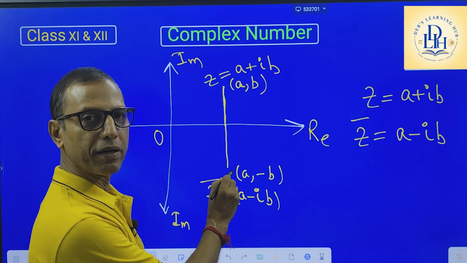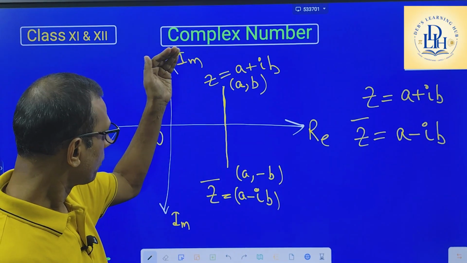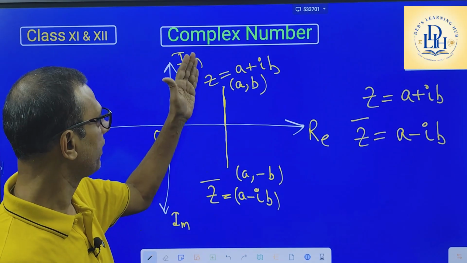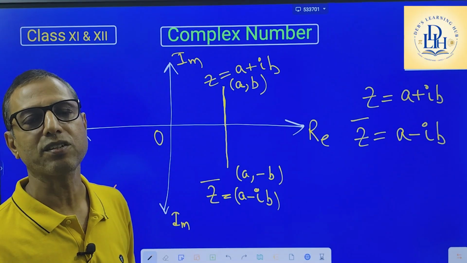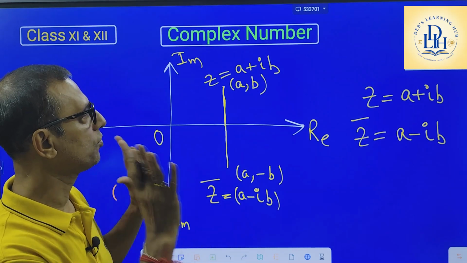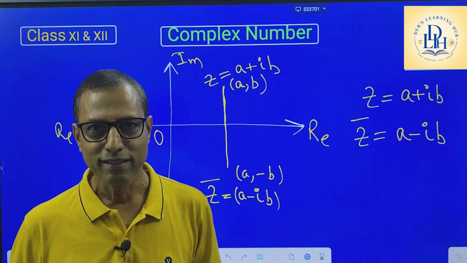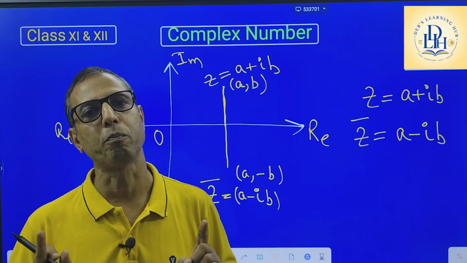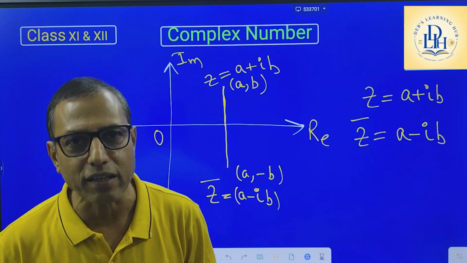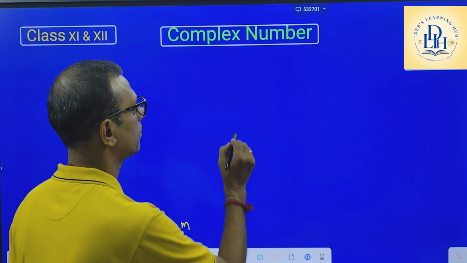So the conjugate number is actually the reflection of the point in the mirror. With respect to geometry, it represents the mirror reflection of the point. Got it? So the geometrical interpretation of mod z is the distance between 2 points, and the geometrical representation of the conjugate number is the mirror reflection of a point.